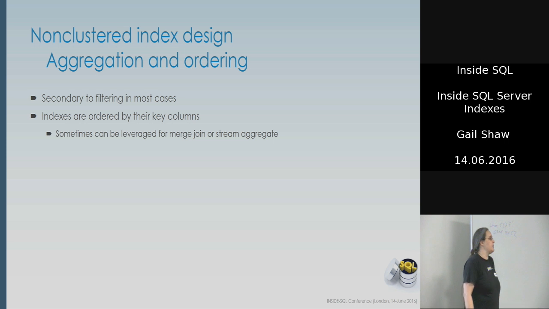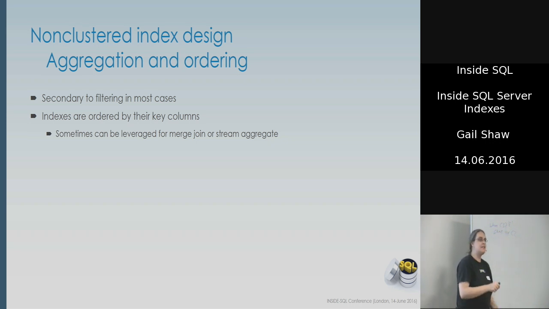It's worth testing sometimes, especially if you've got a large set of data coming out that must be sorted, has to have an order by clause put on it, and you can't get an index that supports both the predicates and the order by. It's sometimes worth testing: if I support the order by, is it cheaper than supporting the where clause predicate?